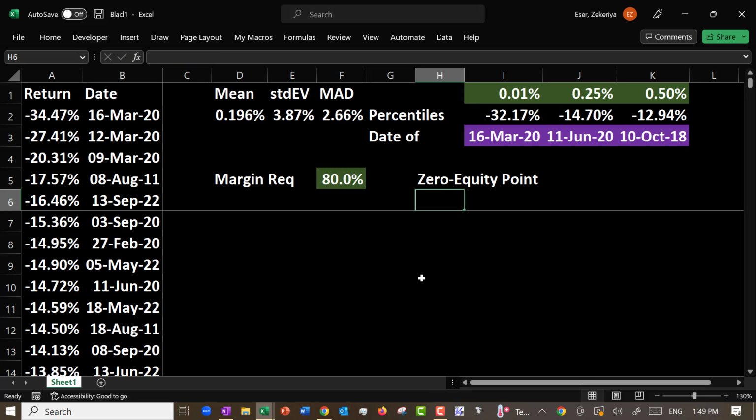This is going to be a point such that if after buying $100 worth of stuff, the stock itself goes down by that much percent, the client has zero equity on that stock. So when is that going to happen?